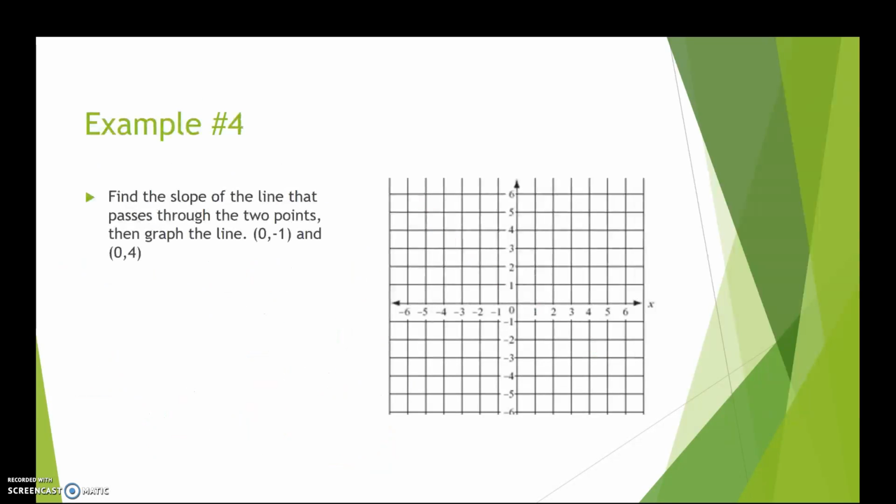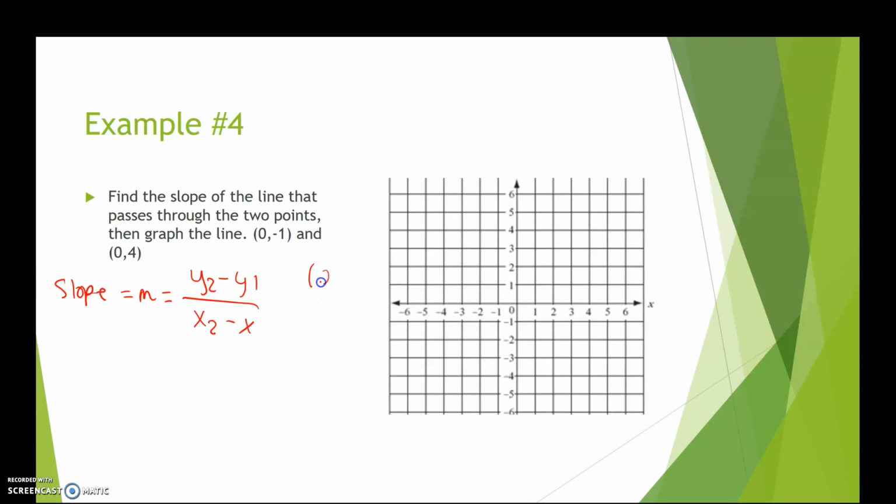Example 3, they want us to find the slope given the points 0, negative 1 and 0, 4. So I'll use slope, which is my m, change in y, which is y2 minus y1, over change in x, x2 minus x1.